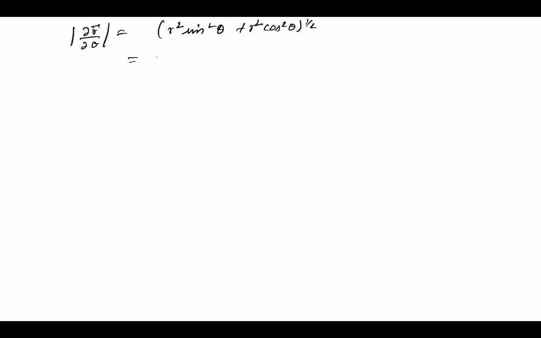Take r common, and in the bracket you get sin square theta plus cos square theta, which is 1. So this is r. Similarly, you can also find the magnitude of del r by del phi.